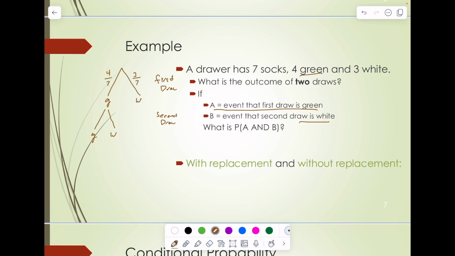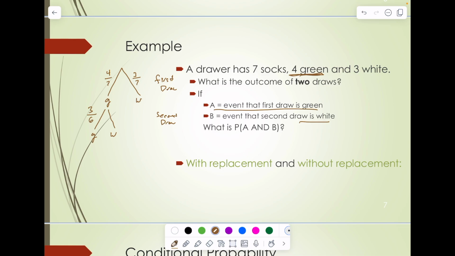Remember, a sock was taken from the drawer, and it was green. In this case, at this branch of the tree, we know that it was green. And so now there are only 3 green socks after one has been chosen. So this is going to be 3 out of what's the total now? The total number of socks is 6. So at this branch, it's going to be 3 over 6.